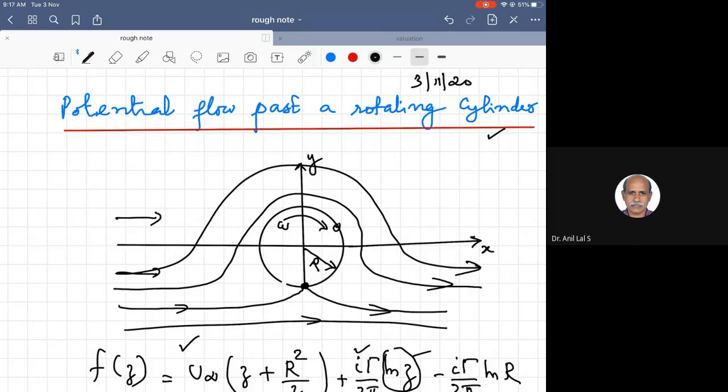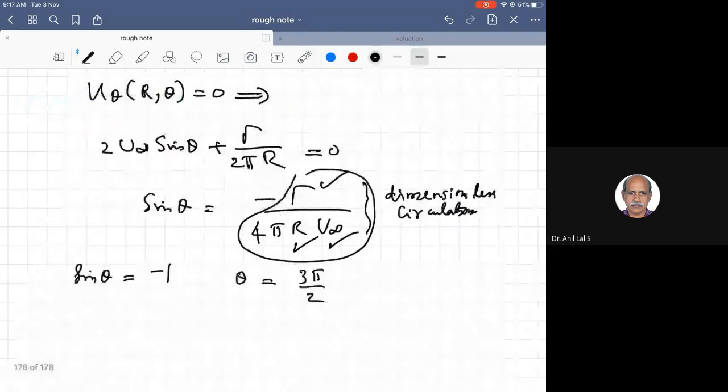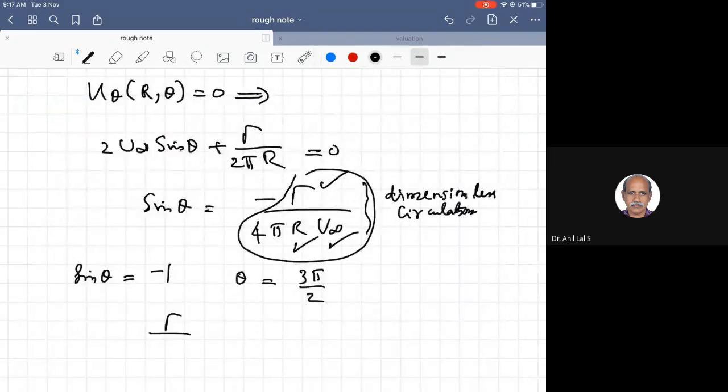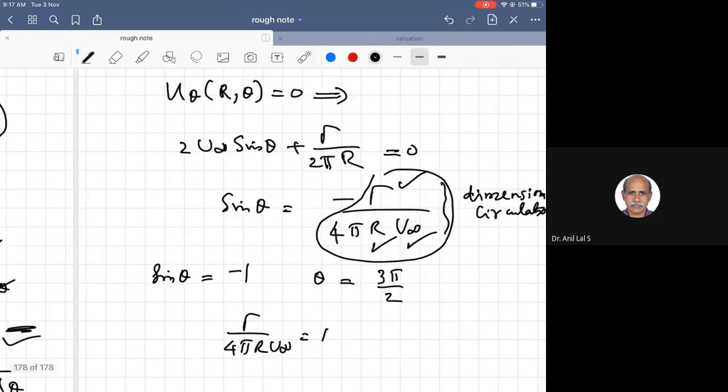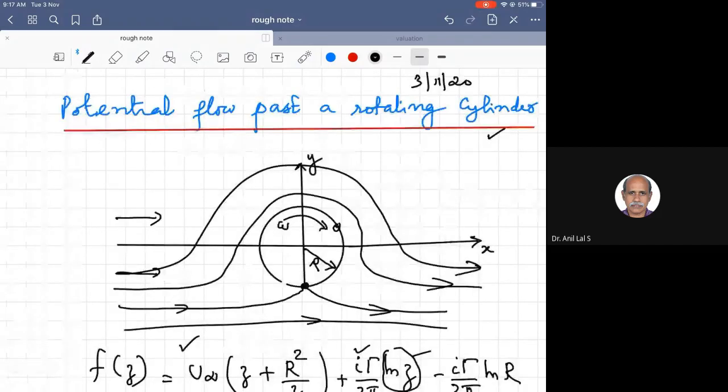This is for the dimensionless circulation gamma by 4 pi r u infinity is equal to 1. So we have this kind of a flow over the surface of the cylinder when this is circulated.